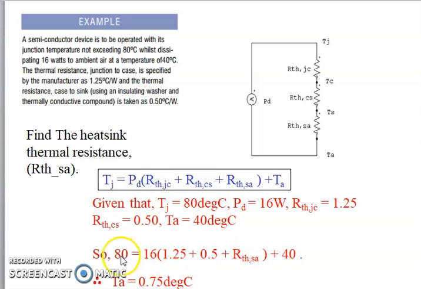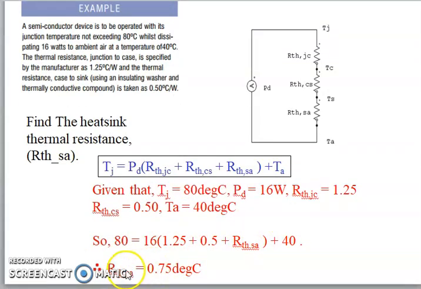So when we put all the data into the formula, we get, oh no, this is the TC. RTS, sorry, RTS not RTA, is 0.75 degrees C per watt.